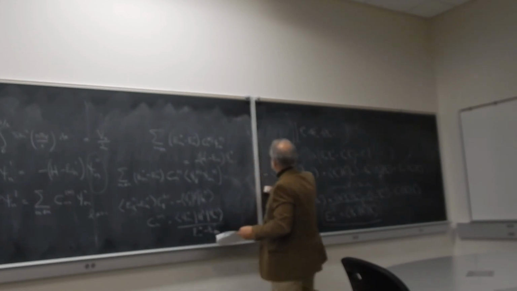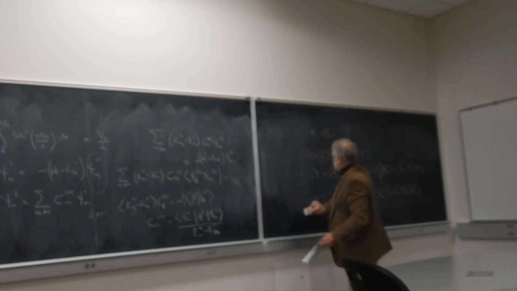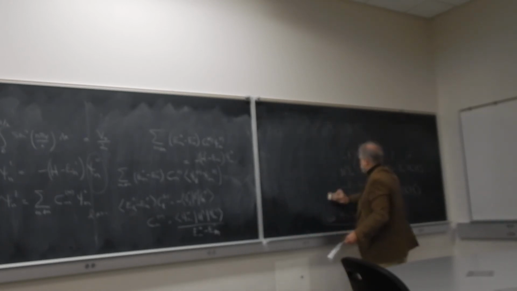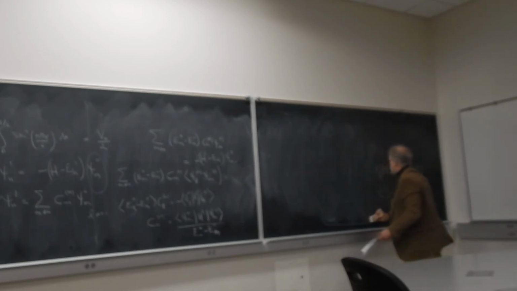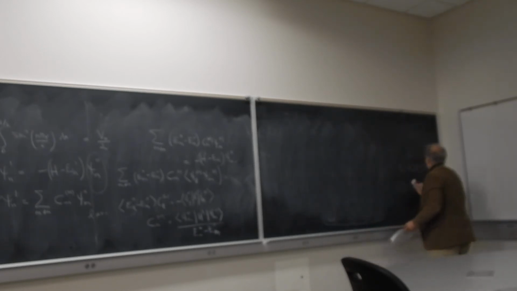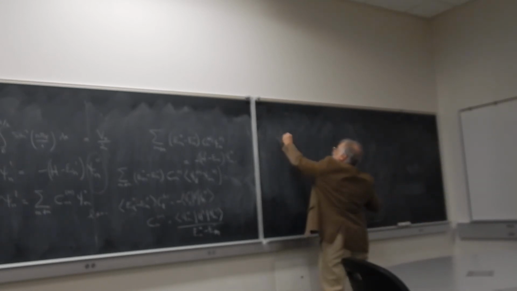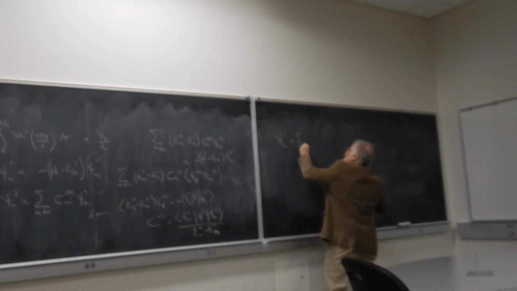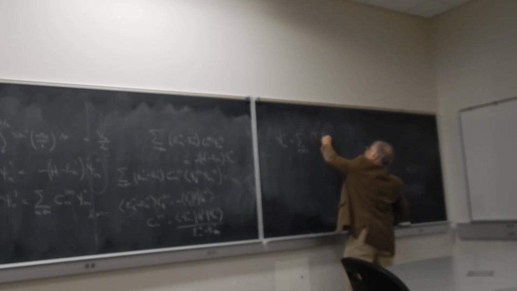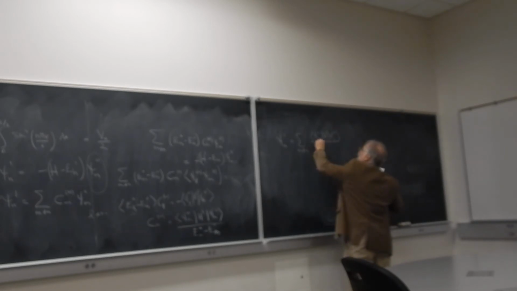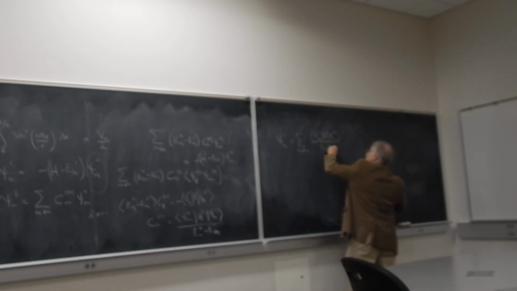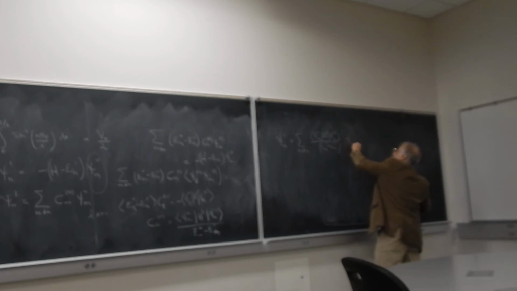And then finally, we're going to get my new wave function, psi 1, written as the sum over m unequal to n of psi m0 h1 psi n0 over (e sub n0 minus e sub m0), all times psi m0.